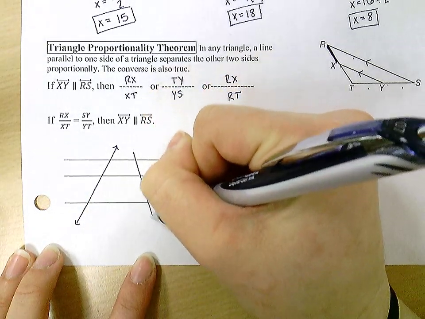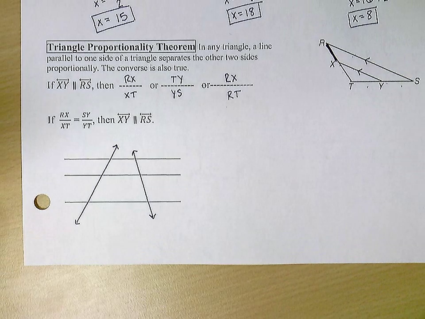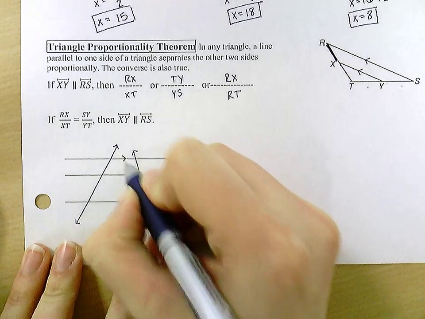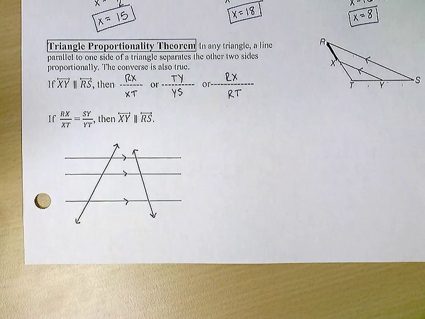I'm going to draw in two lines intersecting all three of those parallel lines. Okay, so these are all parallel. And I'm going to label each segment differently.